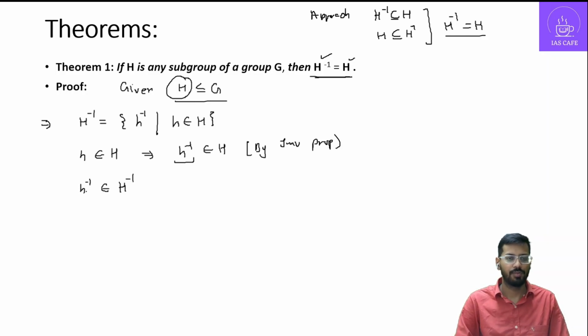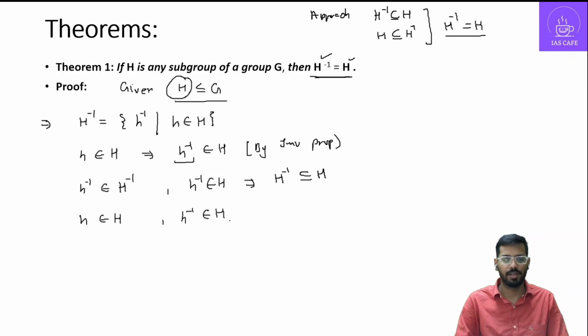So first we will take h inverse belongs to H inverse. Now we know that h inverse belongs to H also. That implies H inverse is a subset of H. Now we will take h belongs to capital H. If you take h belongs to capital H, then h inverse also belongs to H by the inverse property.